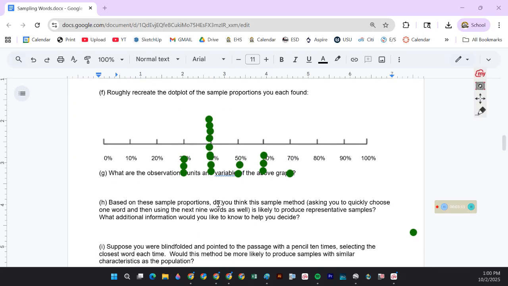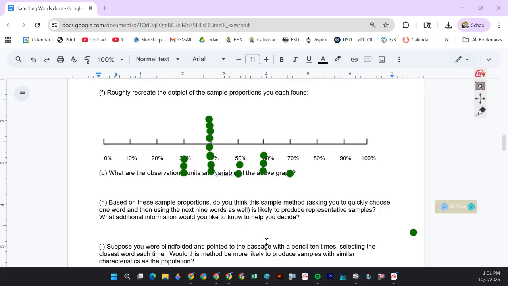Based on the sample proportions, do you think this sample method is likely to produce representative samples? Probably not. What's wrong with this? Well, first, it wasn't truly random. There's another problem.